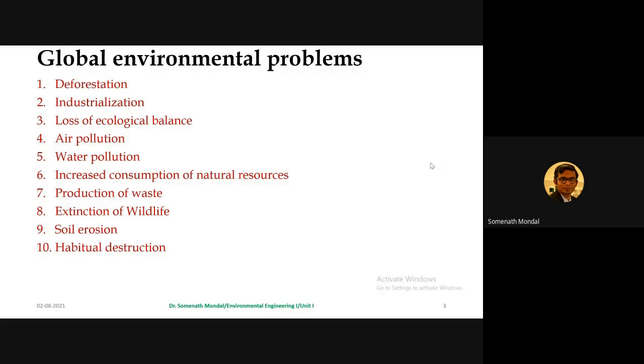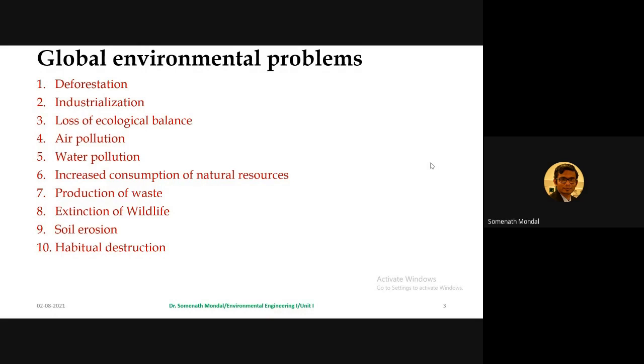Next comes industrialization. Now, industrialization is an indirect effect. When you have a huge amount of consumers and you don't have that much natural resources or product, then in order to overcome this extra demand, human beings started creating more and more industrialization, and because of that, with so many industries, we tend to forget about the health of the environment.